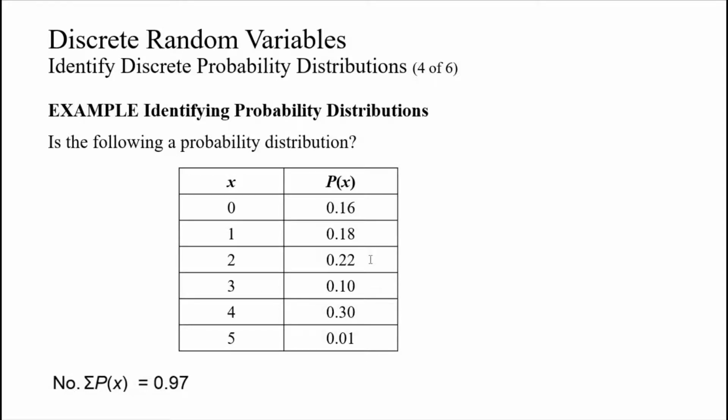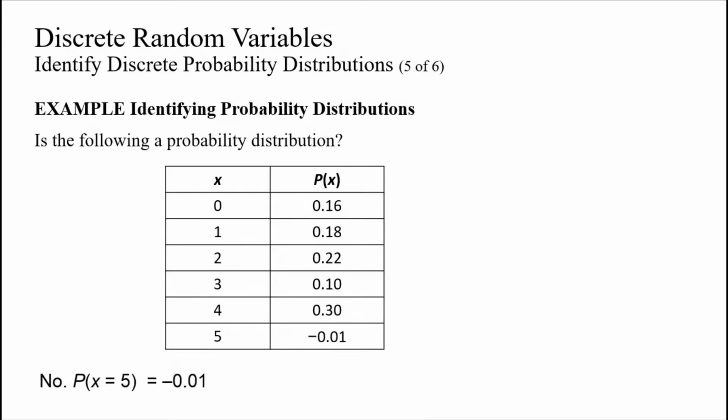So the second condition is met. But if you come to the first condition and add all of these probabilities, you will notice that they add up to 0.97, so that is not 1. Because of that, this table does not represent a probability distribution.